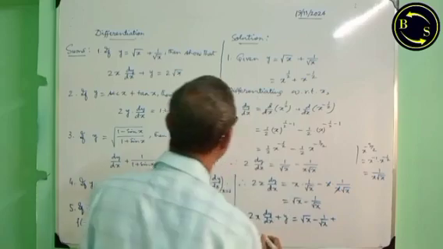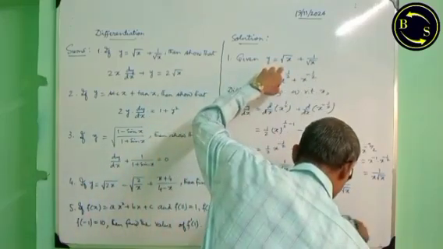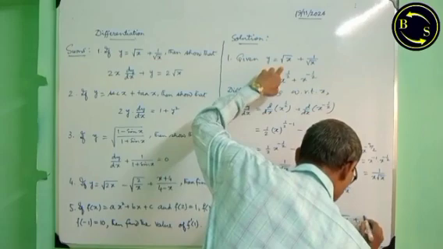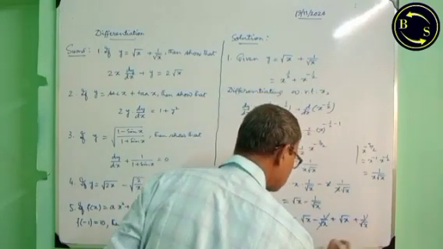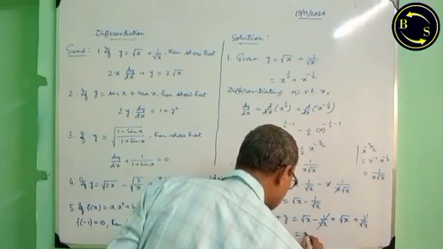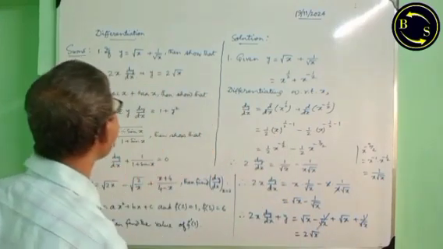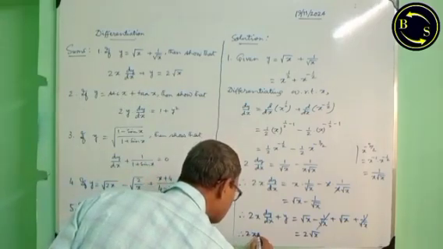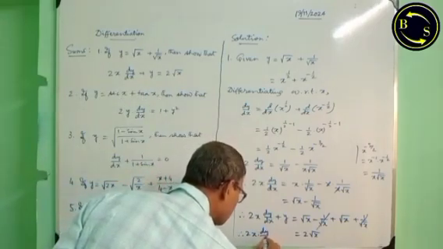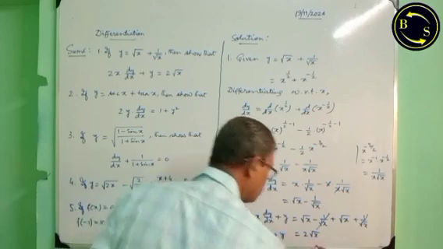Now I put the value of y, root x plus 1 by root x. These two cancelled, therefore this becomes 2 root x. Therefore, final step: 2x dy dx plus y is equal to this root.